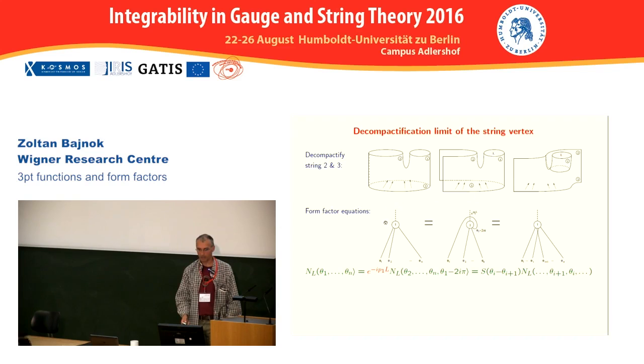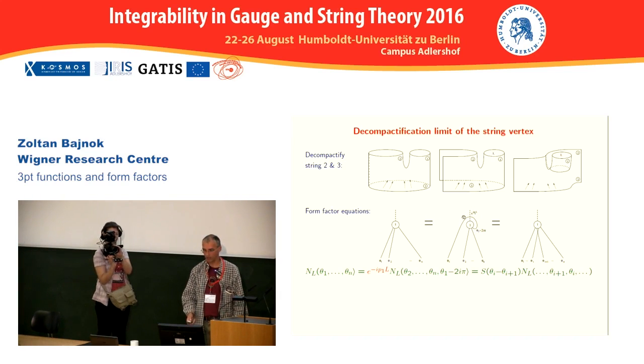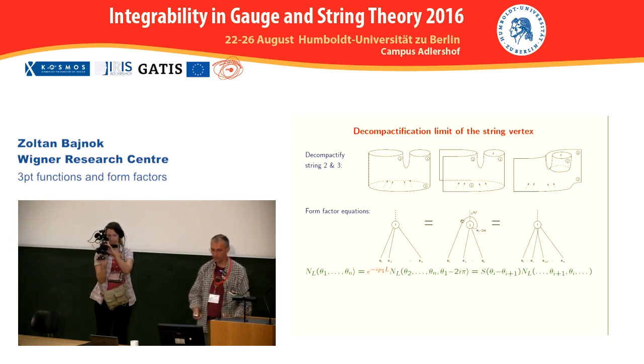Whenever a particle crosses this non-locality, it will fill the missing space-time. And then the translational phase of this missing space-time is e to the iPL. So whenever I cross a line like this, I should introduce this factor. So the modification of the previous form factor axiom for this situation is the following.